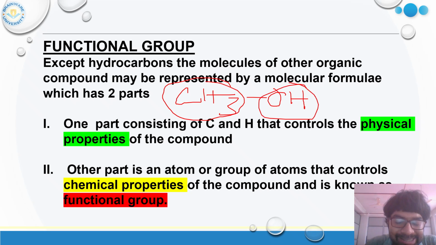It controls the physical properties of the compound. Physical properties means melting point, boiling point, solubility. And what does OH do? OH controls the chemical properties of the compound. So the part which controls the chemical properties of the compound, we call it the functional group. So which one is the functional group here? The functional group here is OH, or hydroxy.